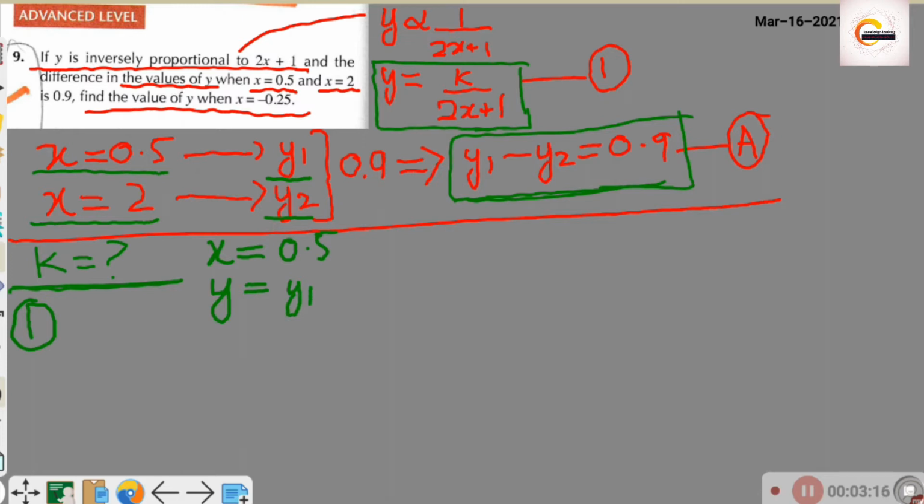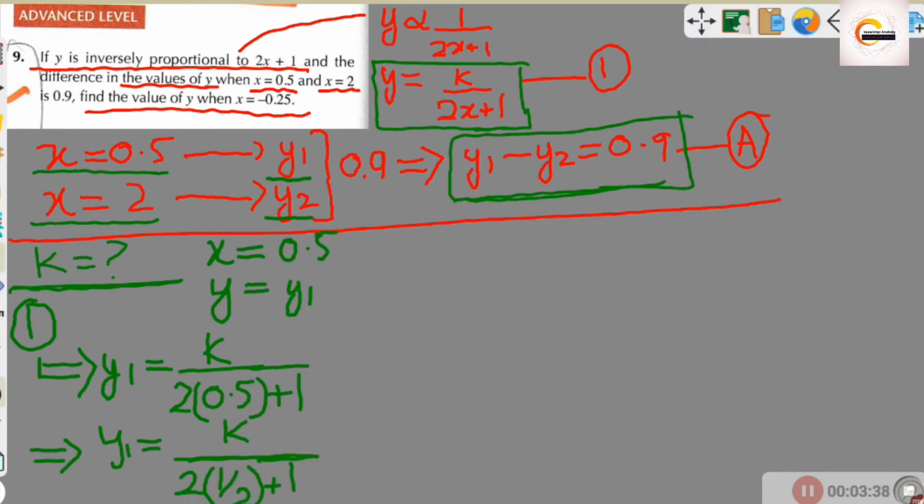So I am going to put these values in our formula number 1 to get the value of k. y1 is equal to k upon 2 into 0.5 plus 1, and we know that 0.5 means half. So y1 is equal to k upon 2 into half. 2 and 2 cancel, plus 1, which means y1 is equal to k upon 1 plus 1, that is k upon 2. So this is the value of y1.